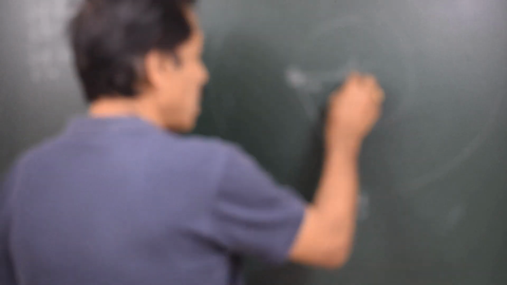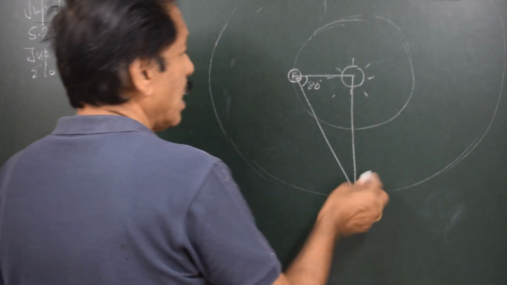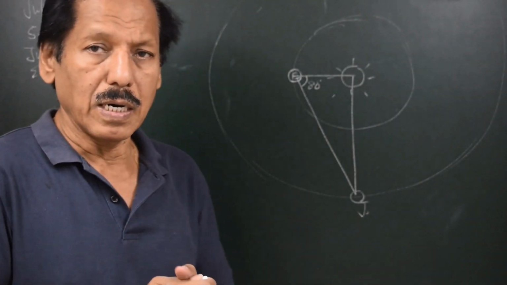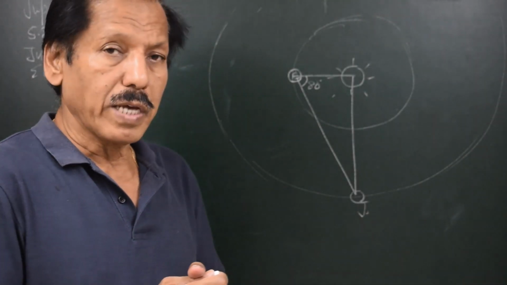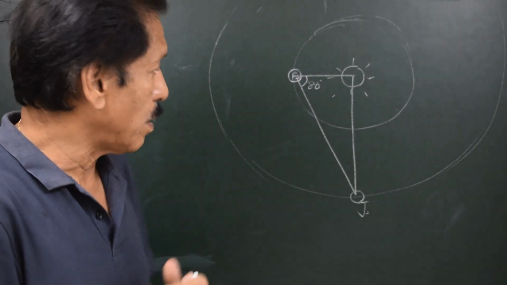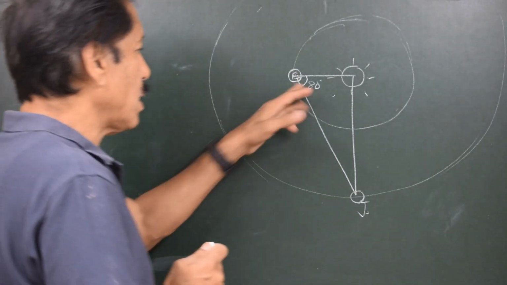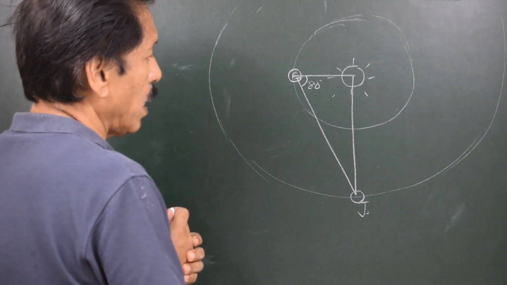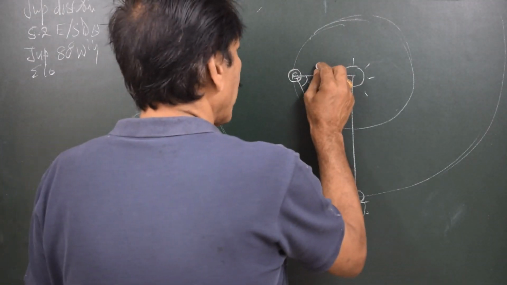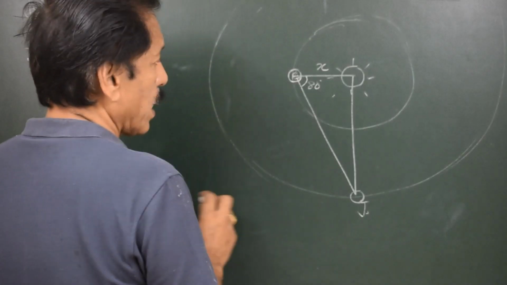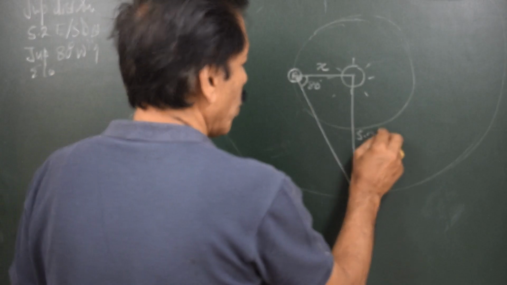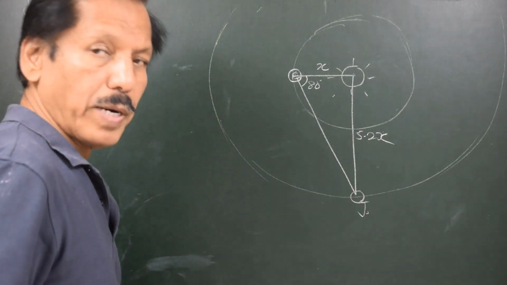Now if we join this line, we find a triangle, and we'll assume this to be a plane triangle because everything is assumed to be in the plane of ecliptic. Now this is 80 degrees and we don't know much about the triangle except that, suppose this distance is x, then the distance from the Sun to Jupiter is 5.2x. Immediately what comes to your mind?